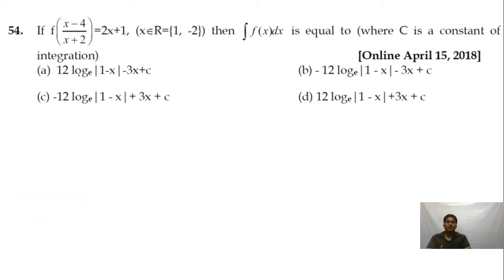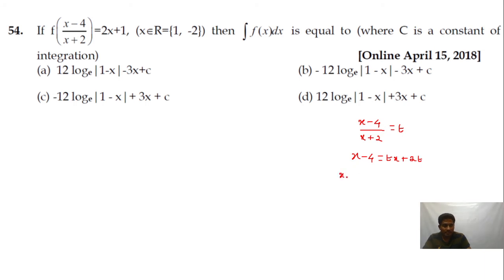Okay, now we did a similar question in 2020 as well. I'm going to put (x minus 4) divided by (x plus 2) equal to t. Cross multiply, and then write x minus 4 is equal to t(x plus 2), or tx plus 2t.